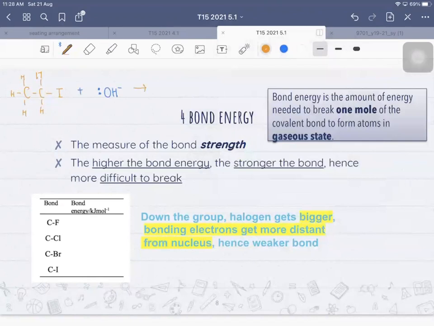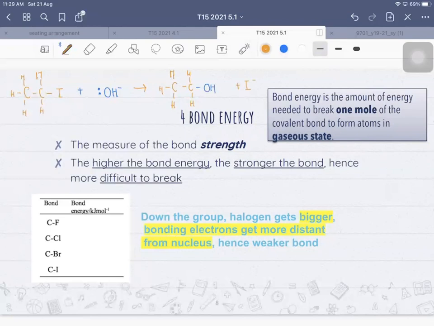The hydroxide will replace the iodine in the original halogenoalkane. So I think you can predict what product will be formed. When your OH is attached to that carbon, it becomes an alcohol, and your other product would be the iodide ion.